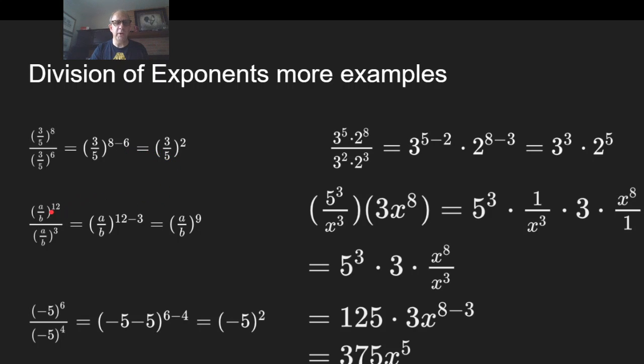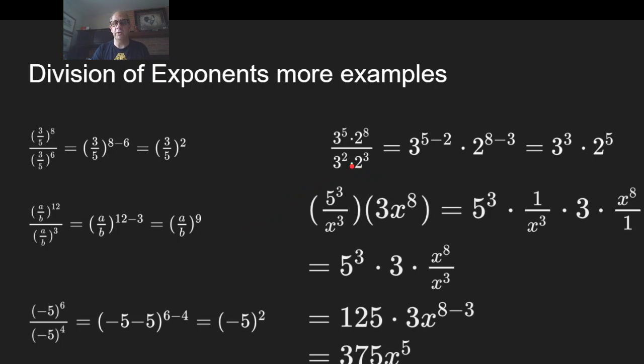And it works with any fraction. Any number a divided by any number b, as long as a and b are exactly the same. So if your fraction is the same and you're dividing, then you just subtract the exponents. Works with negative numbers, everything.